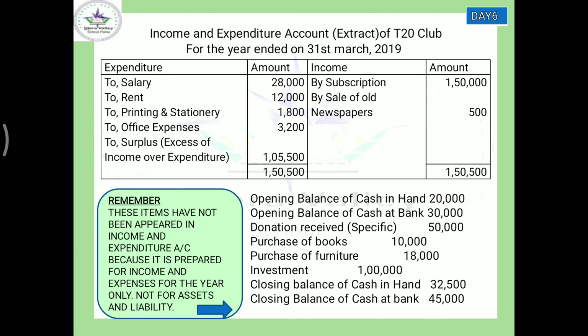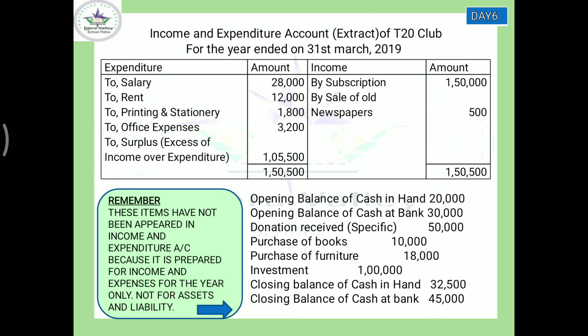Before moving next, a few questions I would like to raise. Salary is given as 28,000, because the salary has actually been paid 28,000. Suppose a salary of 2,000 is still outstanding, will it be added here or not? Yes, because outstanding salary will be added to salary, and the total expense for salary will be 30,000. In the same manner, subscription is 1,50,000.